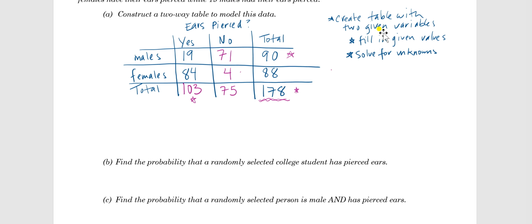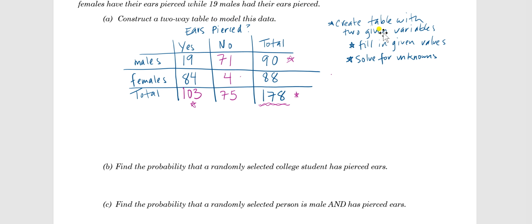So to begin, B, find the probability that a randomly selected college student has pierced ears. Well, that's just what we just talked about. It's going to be the probability of 103 out of 178. And I am going to ask that you turn these into percentages or decimals for reasons that eventually will become clear to you.